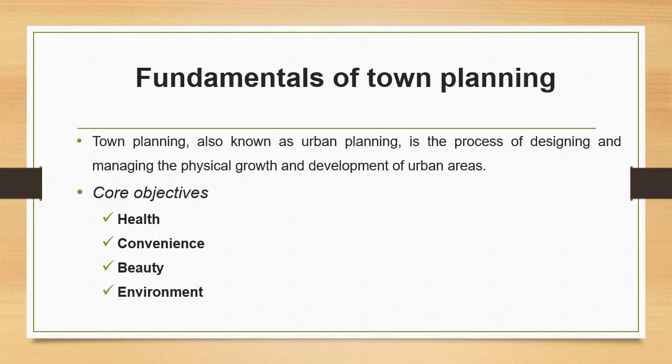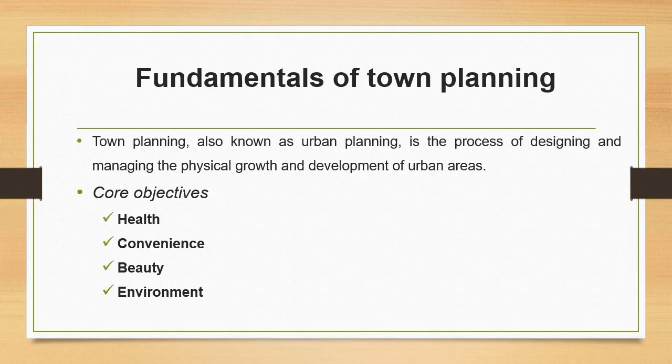Convenience, that is providing necessary physical and social infrastructure including transport networks, utilities, schools, and recreational facilities to make daily life more efficient. Third one is beauty, that is preserving and enhancing the aesthetic appeal of a place by protecting natural green spaces, controlling architectural design, and conserving historic buildings.